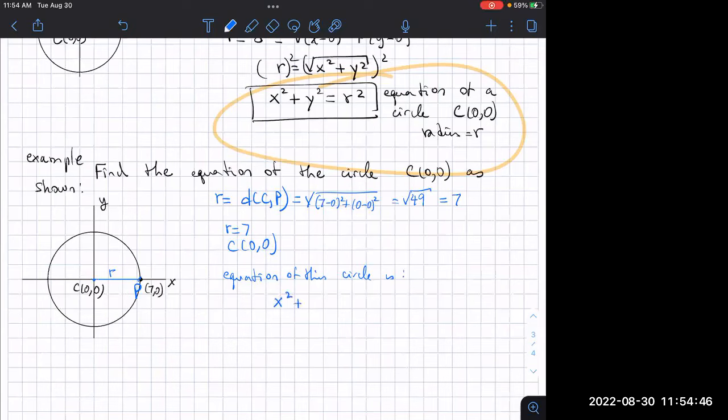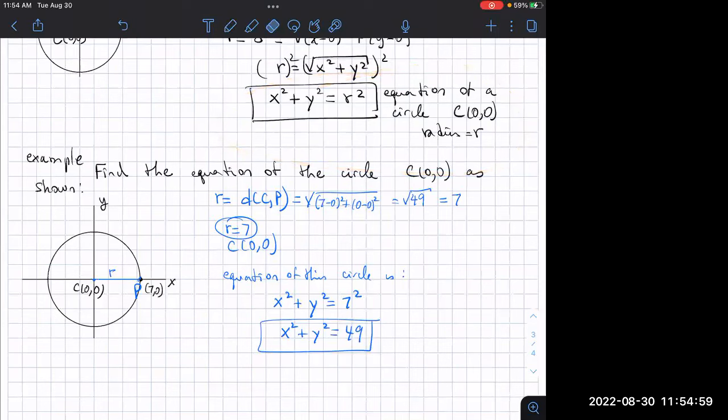X squared plus y squared equals 7 squared, or x squared plus y squared equals 49.